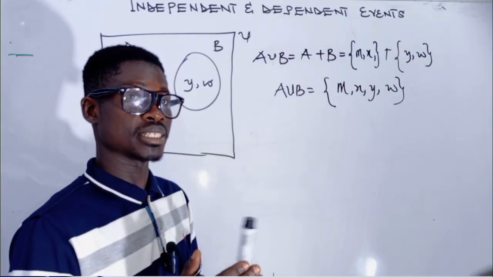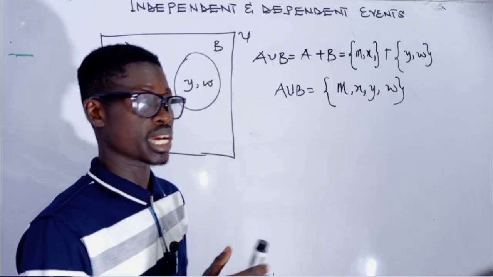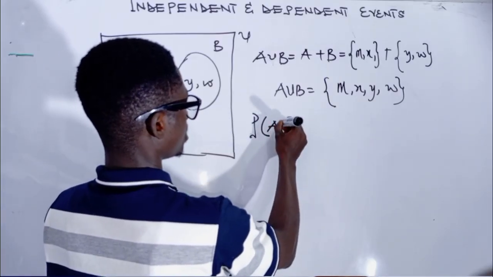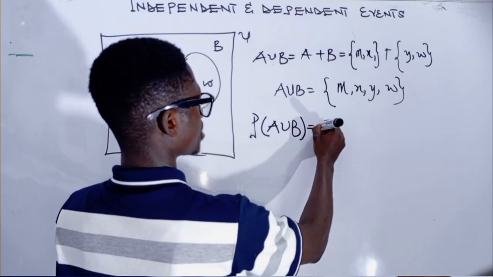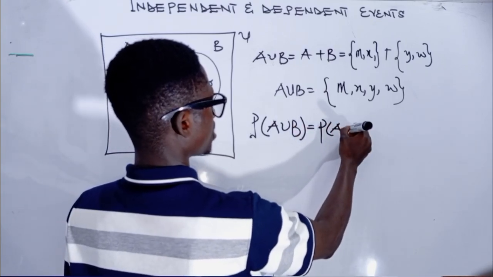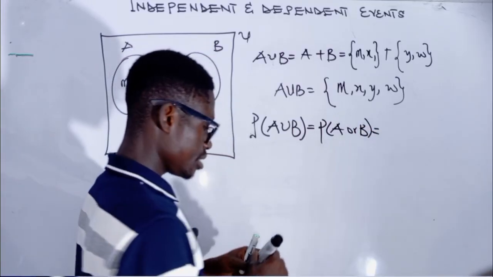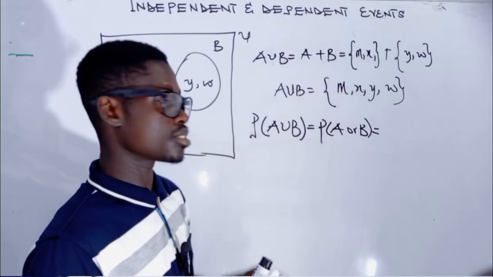So in probability, when they ask us to find the probability of A union B occurring, which is the same as probability of A or B occurring, is to add the probabilities of these two individual events together.